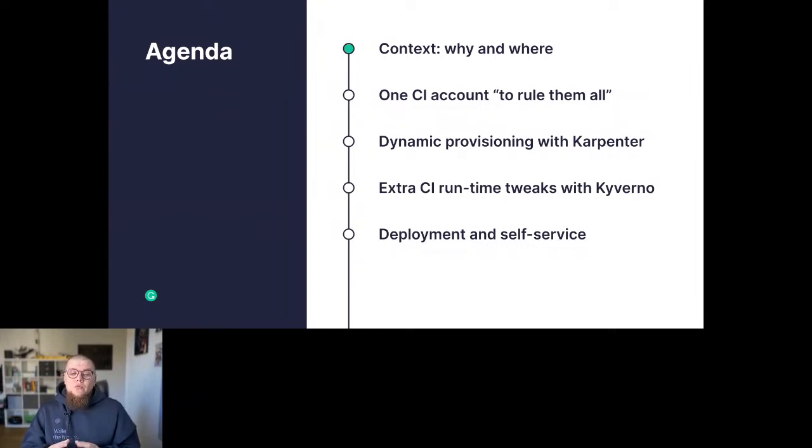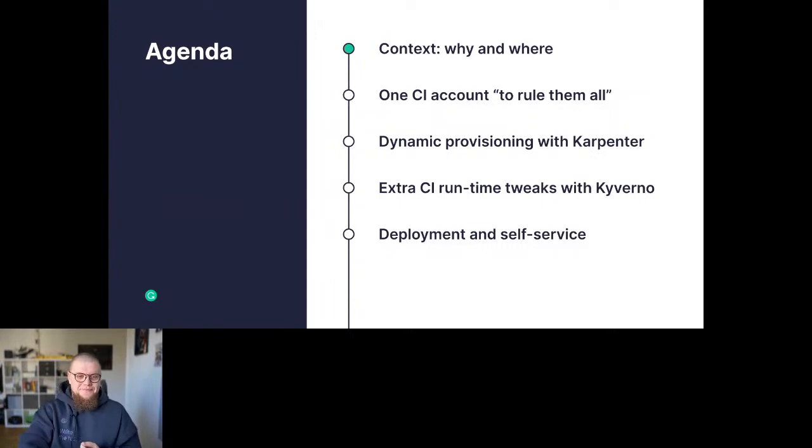Then you will see what challenges we have around Karpenter and how we deal with them using the Kyverno project. Finally, I will talk about the way we use GitOps approaches with Argo CD to deploy all that and keep it up to date. I will do my best to make this presentation interesting for you, whether you are proficient in the Kubernetes world or just starting your journey.